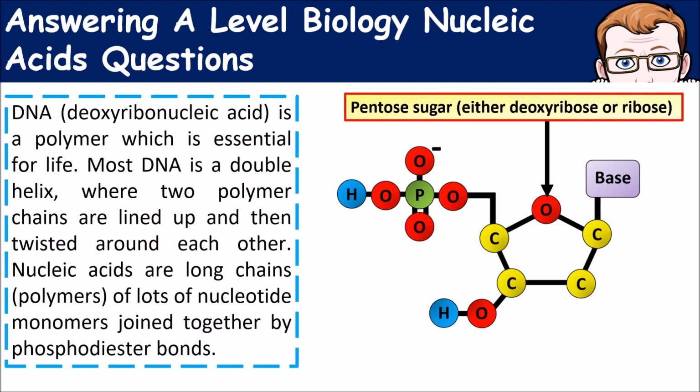DNA, or deoxyribonucleic acid, the key thing to remember is that it is a polymer, made up of nucleotides, most importantly. Most DNA, as we know, is a double helix. This is where two individual polymer chains are lined up and then twisted around each other.